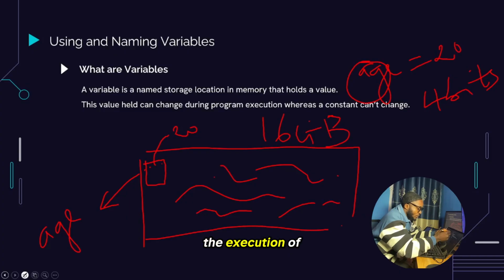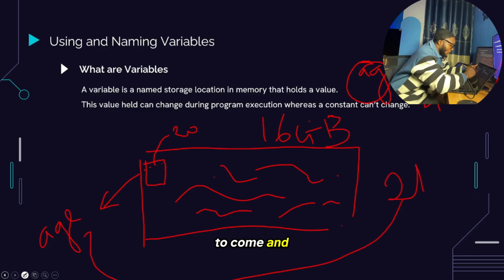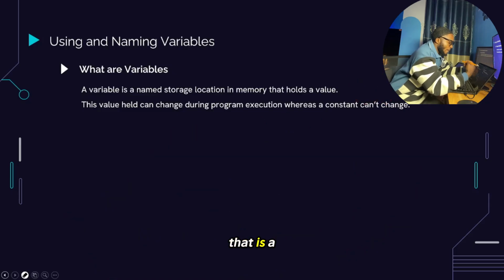During the execution of our program, we can go down and maybe increment h by 1 and h will go to 21. So this comes and overrides the previous value. You discard this 20 and store 21.